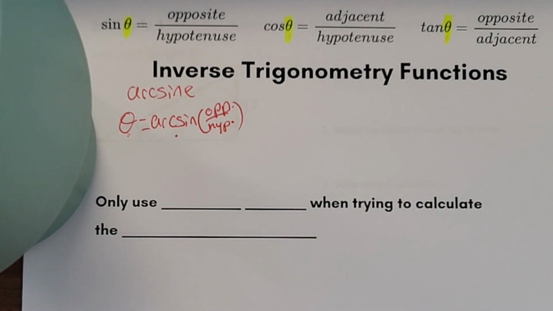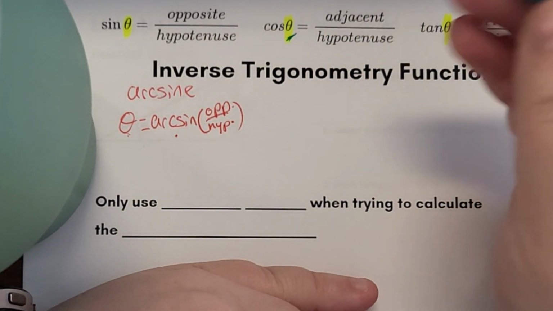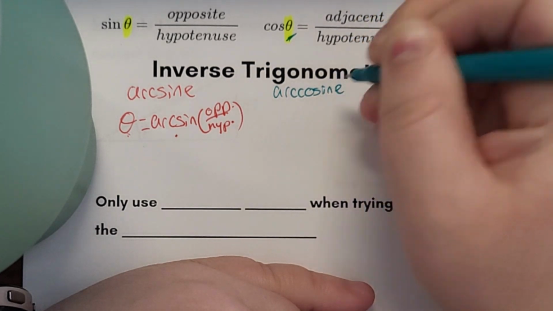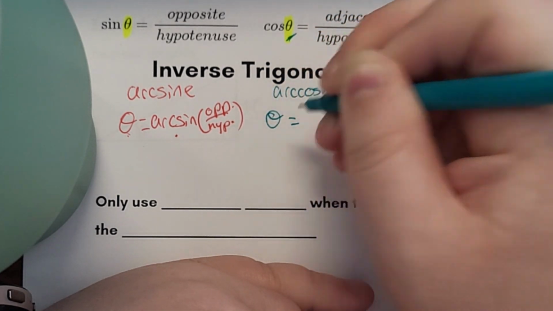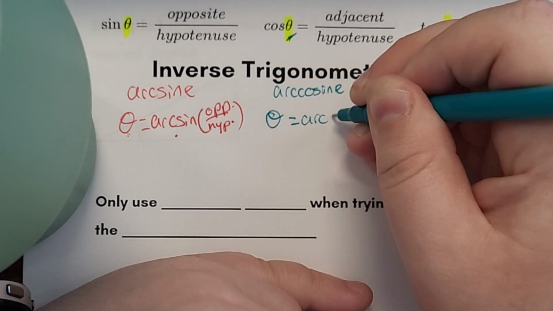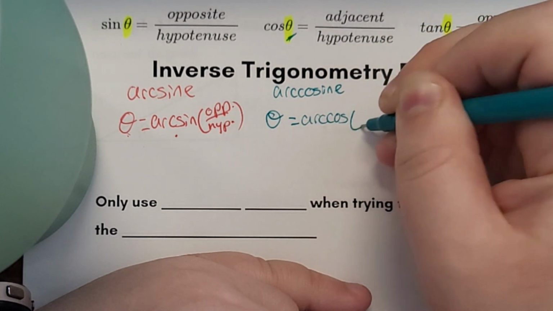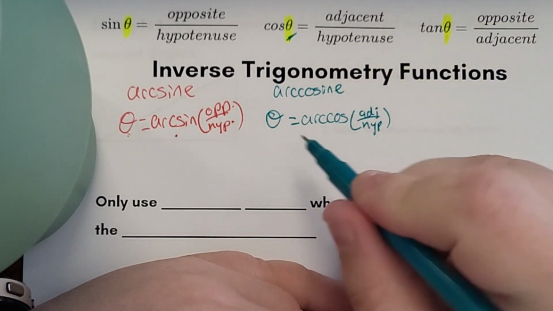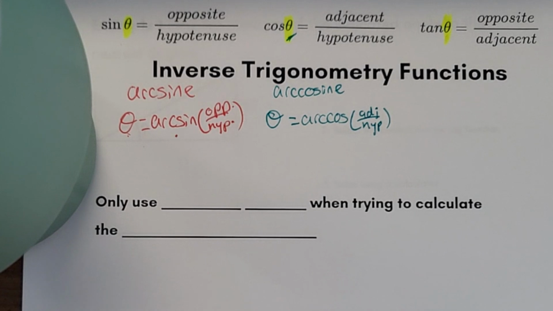Let's say we want to find the angle here. We're going to use arccosine. So if we are given the adjacent and hypotenuse, we could just do arccosine of that ratio to get the measure of our angle.